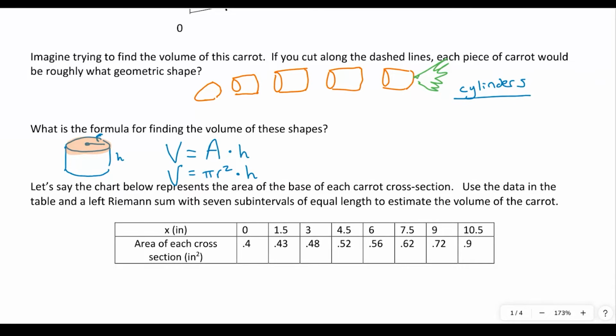Now, one thing I want to just throw out there, something to think about that's not really related to what we're doing today, but just as a separate little something for you to think about, is we know the formula for area of a circle, right? It's pi r squared. What do we get if we differentiate that with respect to the radius?